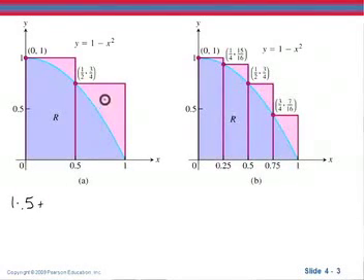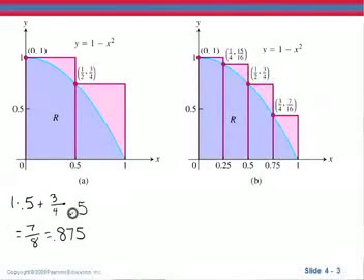Plus, this rectangle's width is also 0.5, from 0.5 to 1, and its height is 3/4, because remember that height is your y value. So we have 3/4 times 0.5, and if it makes it easier, you can use 0.75 instead of 3/4. If you type that into your calculator, you're going to get either 7/8 or 0.875.